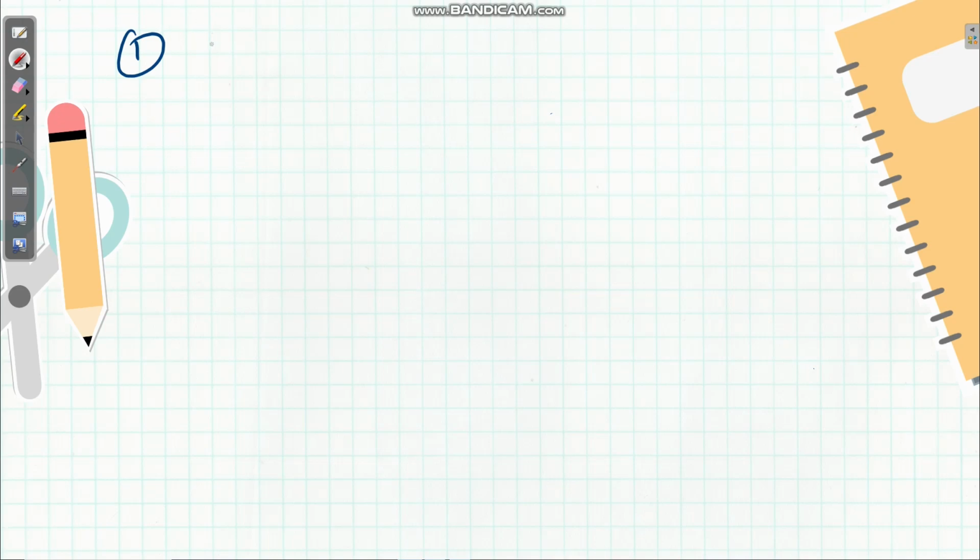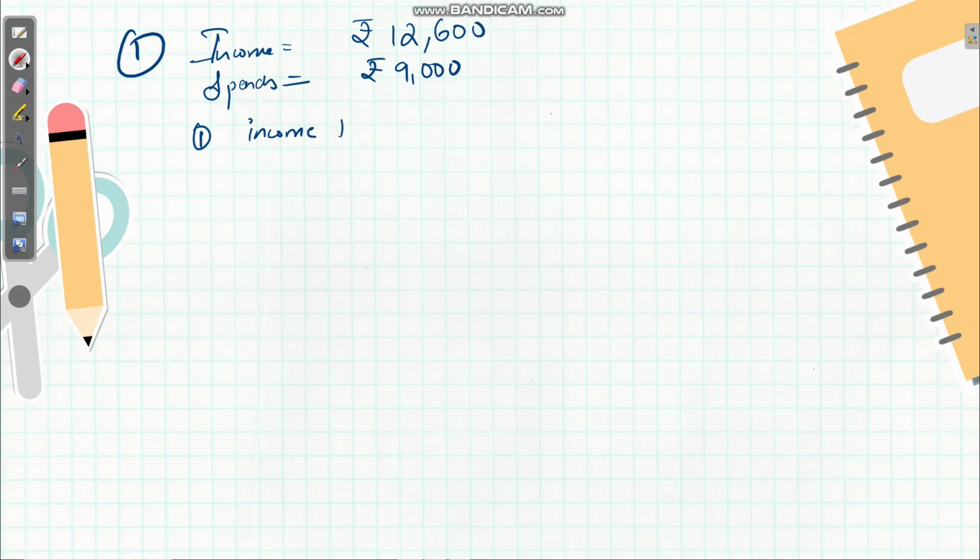Okay, let's take an example which is very common. The income of a person will be given. For example, the income of a person is rupees 12,600 per month. He spends rupees 9,000. The first question that will be asked is find the ratio of income to that of expenditure.